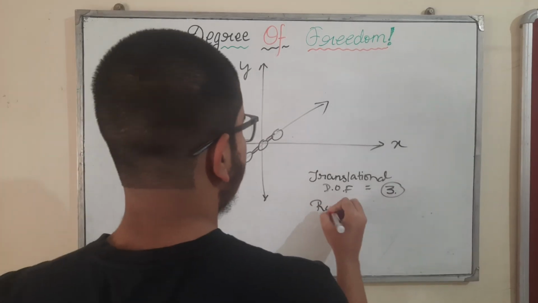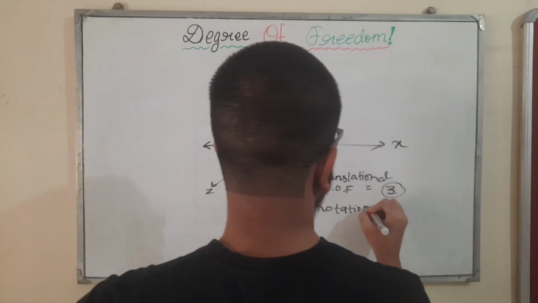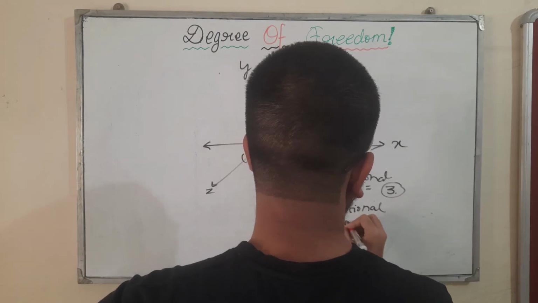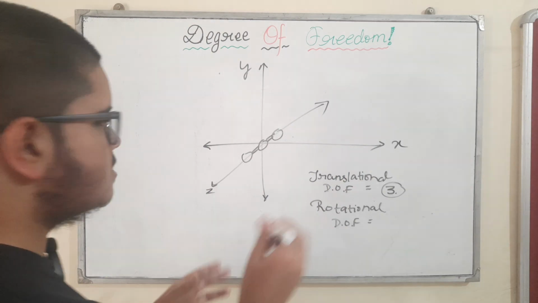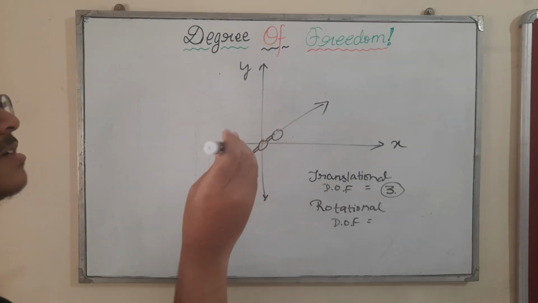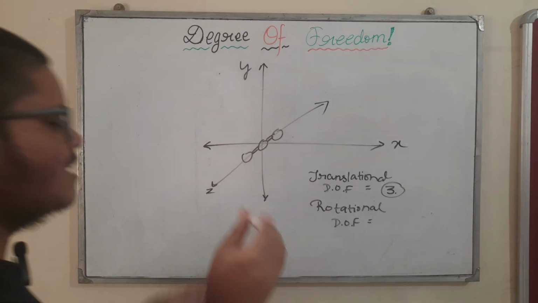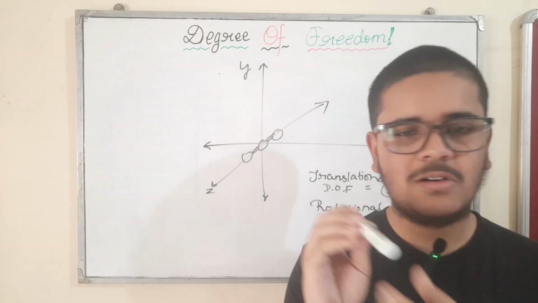Now talking about rotational DOF. What about rotational DOF? Again, it is the same linear structure like the diatomic molecule, the oxygen.